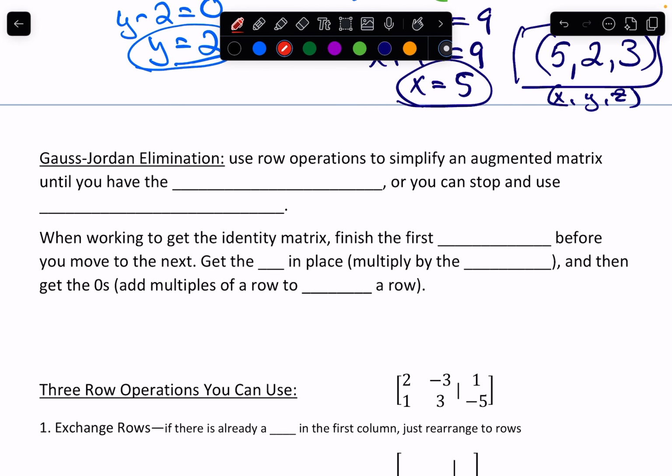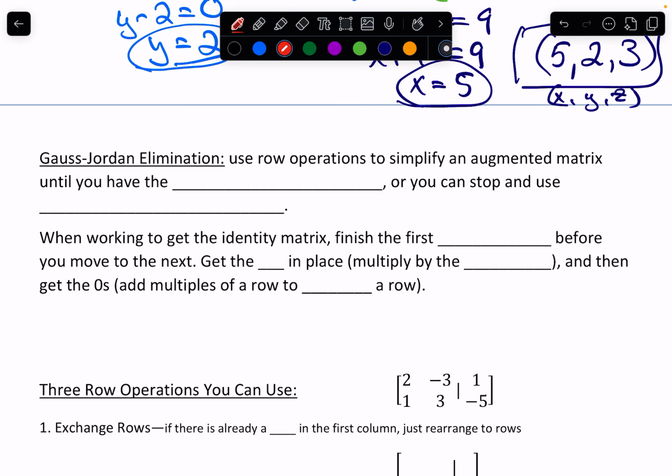So next step is to multiply a row by a constant. So multiply by the reciprocal in order to get a 1. So if we look at what we've got right here, again, our goal is to get a 1 right here.